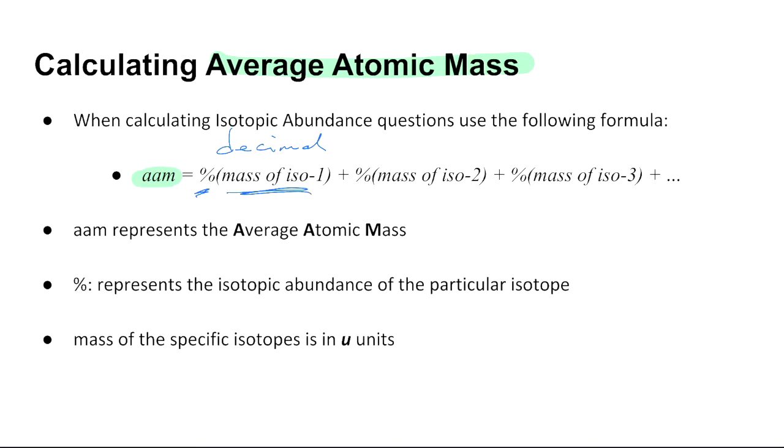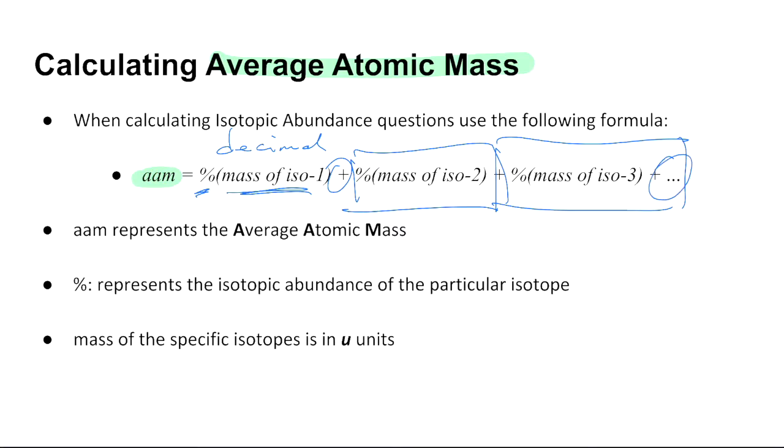That might be a given, or something you're asked to find. You add it to the percentage of a second isotope, then a third isotope, and you keep adding depending on how many naturally occurring isotopes there are for a given element, which will be detailed in the question. All my sample problems contain only two isotopes, so the equation will stop here.